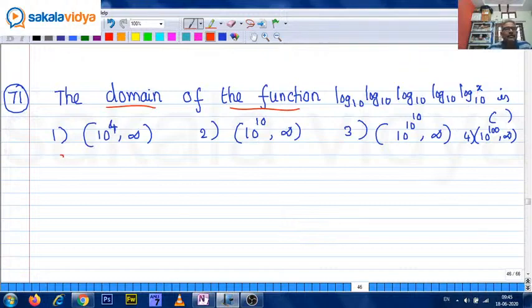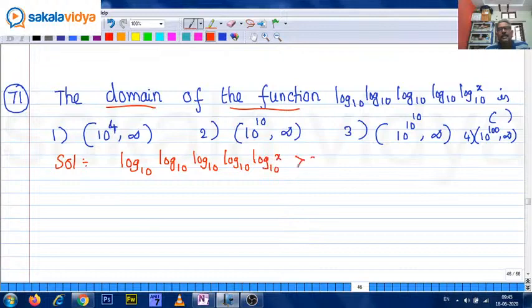So here is the solution. In the first step, log base 10 of log base 10 of log base 10 of log x to the base 10 must be greater than 0, to be positive.